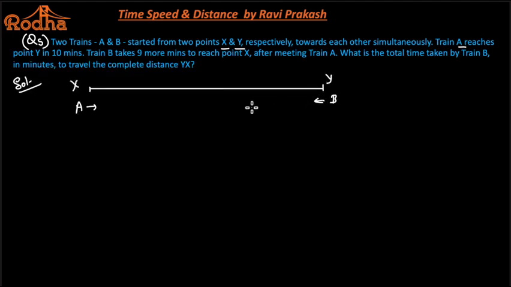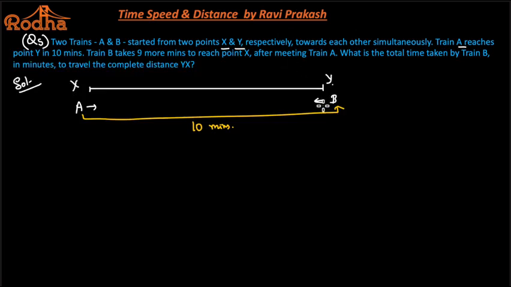Okay, train A reaches point Y in 10 minutes, है ना. That means A will cover the complete journey in 10 minutes. Okay. Train B takes 9 minutes more to reach the point X after meeting train A. अब train B का क्या केस है?